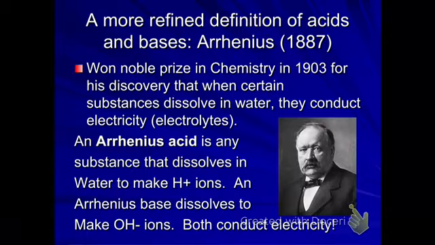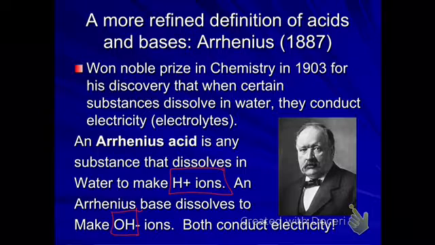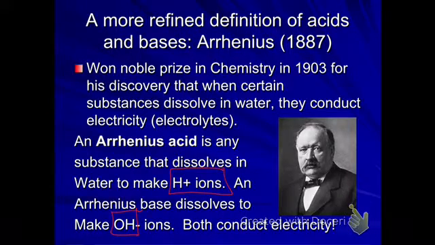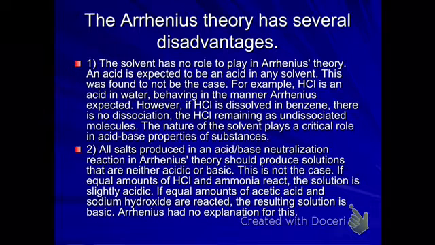He came up with a definition of an acid and a base, and it is the basic foundation of the definition of an acid and a base. He said that an acid is any substance that dissolves in water to make H+ ions, and that a base, when it dissolves in water, makes OH- ions. Both acids and bases conduct electricity in water. Cool stuff. But Arrhenius' theory had several disadvantages.